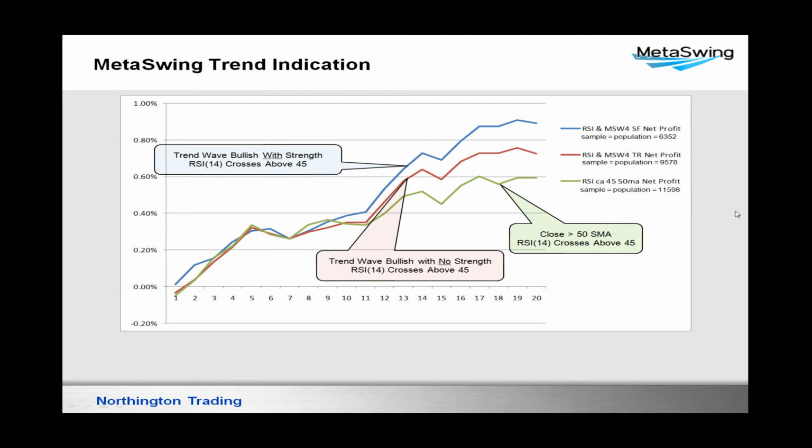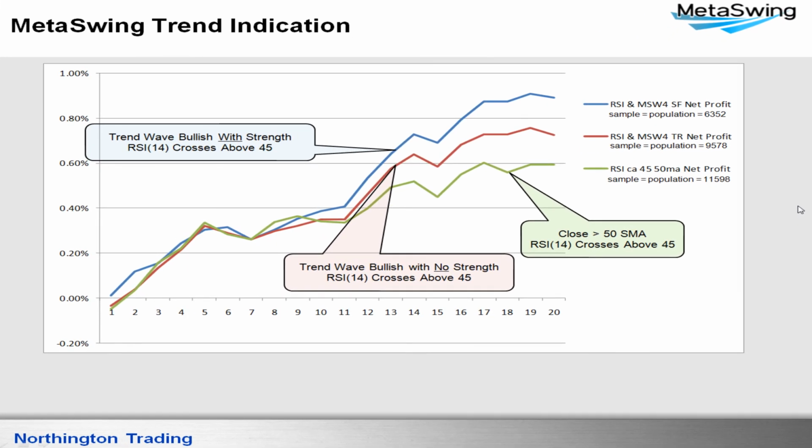To illustrate the performance of the trend wave, we've set up a test to measure it in isolation. Just as I showed on the chart, the test uses a 14-period RSI crossing above the 45 level as a primary trade signal. The other three conditions vary, the first being to measure trend by the close being greater than the 50-period simple moving average, the second being trend wave without strength, and the third trend wave with strength.